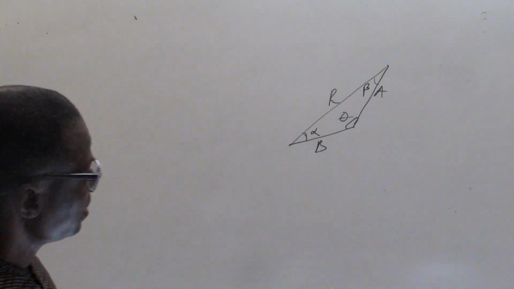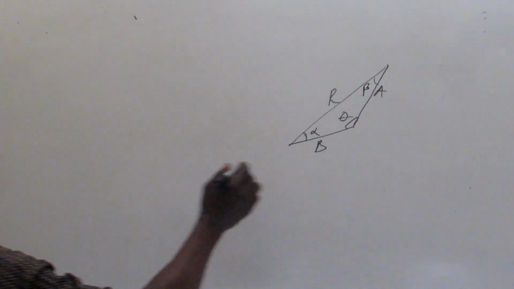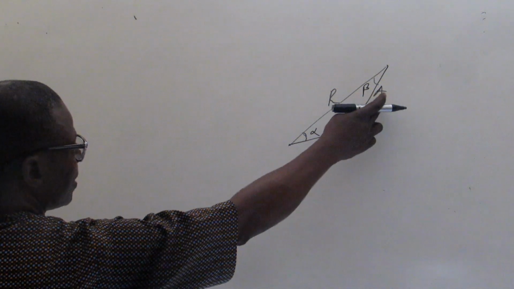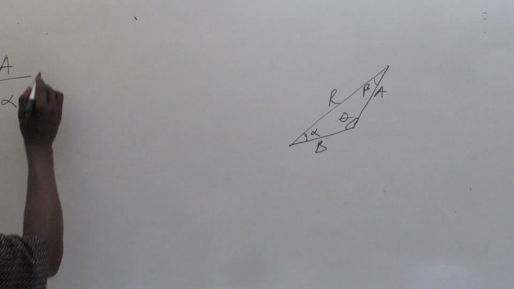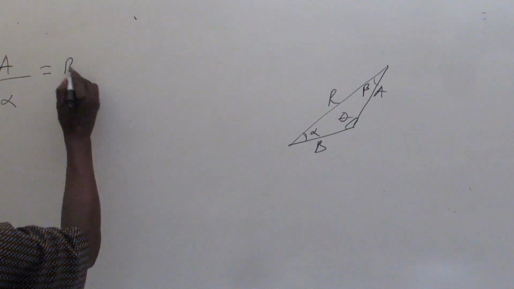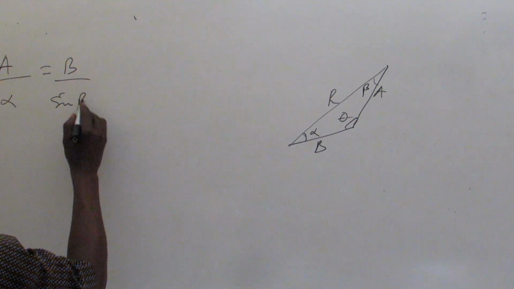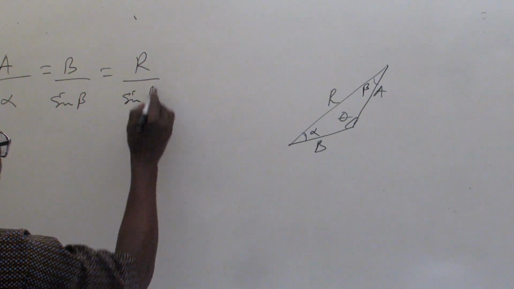So we have a resultant here. Remember in mathematics, remember the sine rule. You have that A over sine alpha is equal to B over sine beta is equal to R all over sine theta.